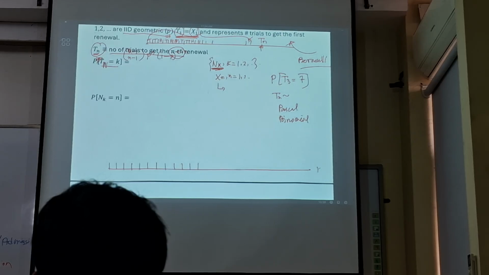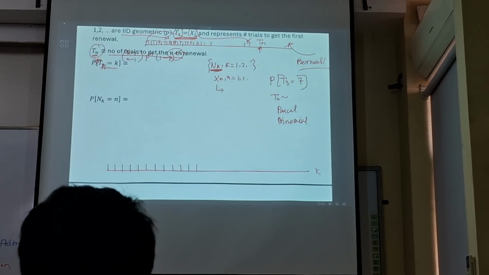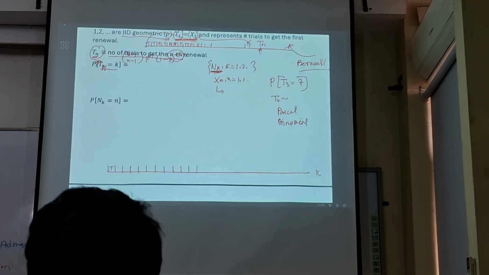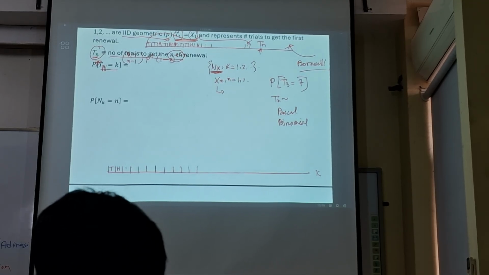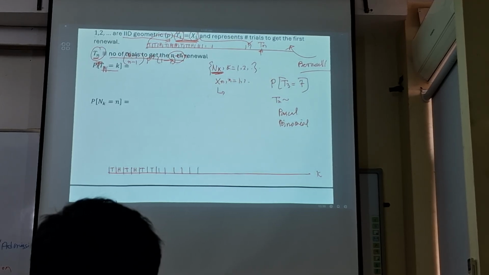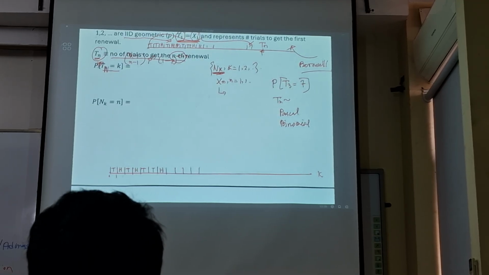This is k. k represents the number of tosses. Let's say the first toss produces a tail, the second one produces a tail, then a tail followed by a head, another tail followed by a tail, then a head. So the numbers here are 0, 1, 2, 3, 4, 5, 6, 7.